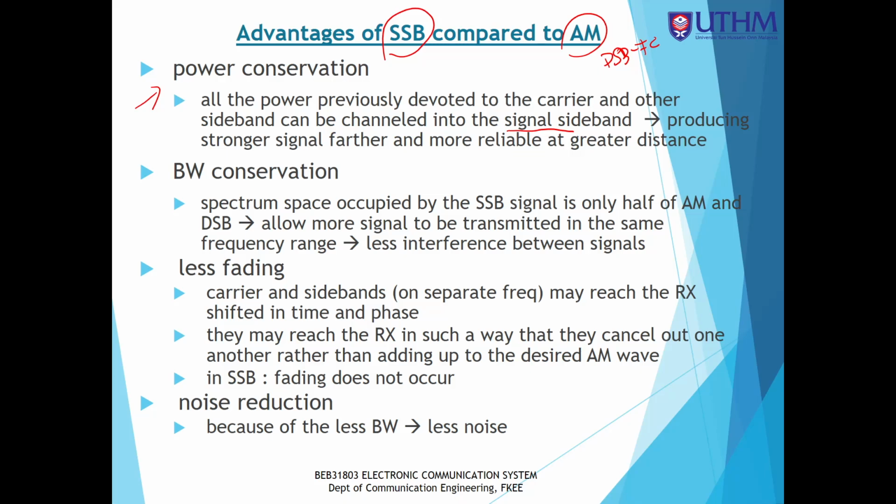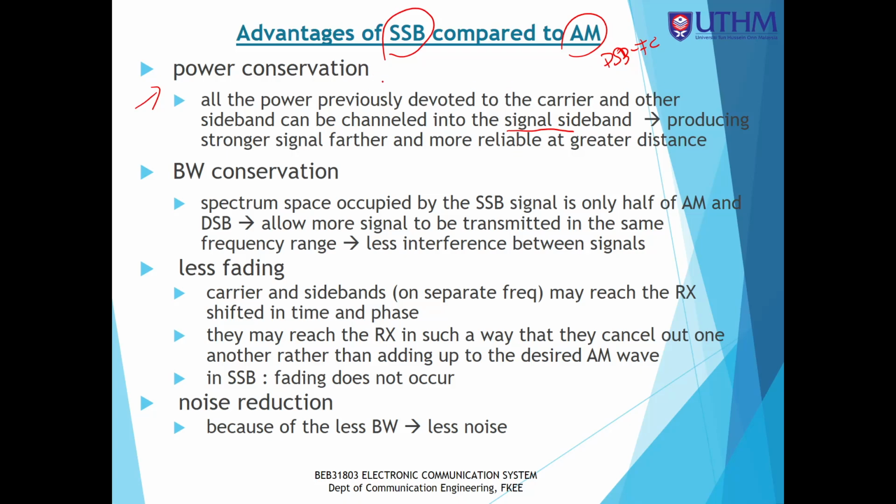So in single sideband, the amplitude of the sideband is higher compared to AM, double sideband full carrier. Because we only produce a single sideband, and mathematically you will see later that the sideband power is bigger compared to the full carrier, which is good. We need the sideband power to be as high as possible.